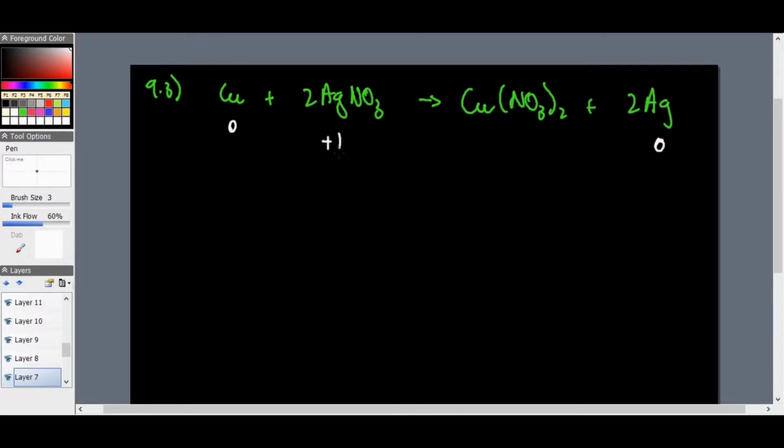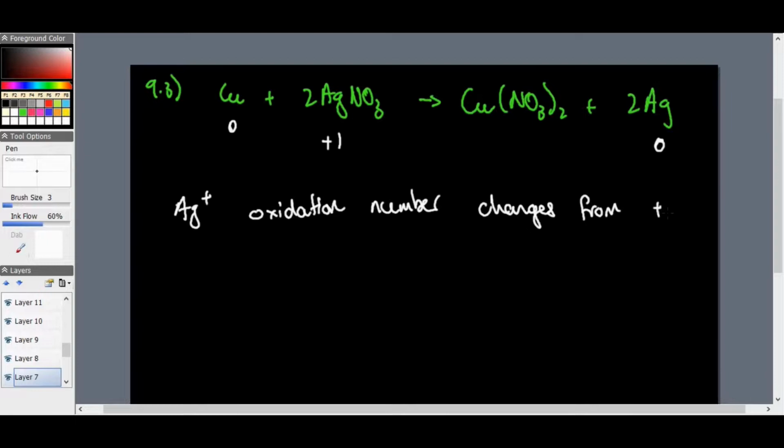So if that's positive 1 on the left, and we see silver is now gone down to 0, therefore we can say the Ag plus oxidation number changes from +1 to 0.